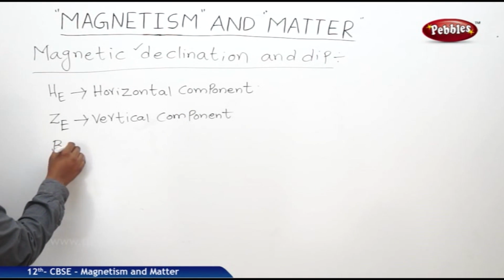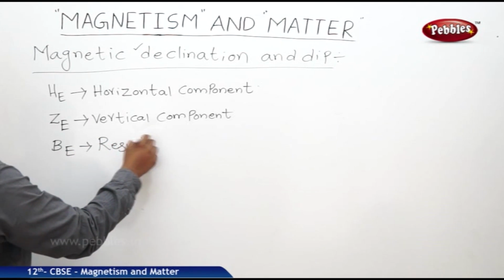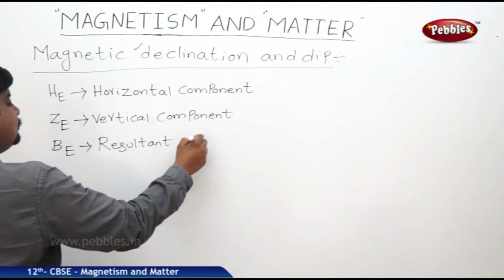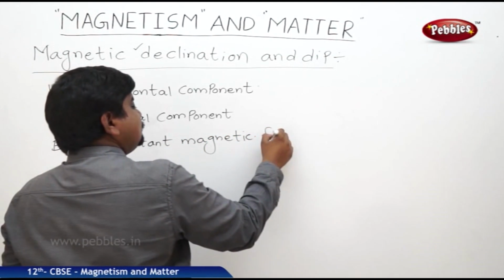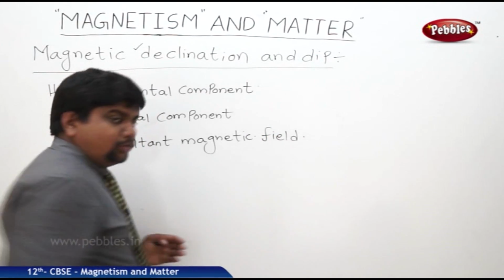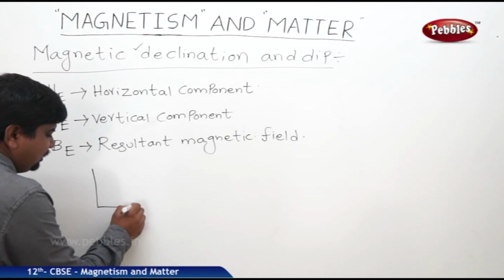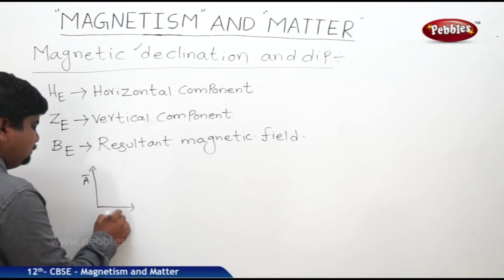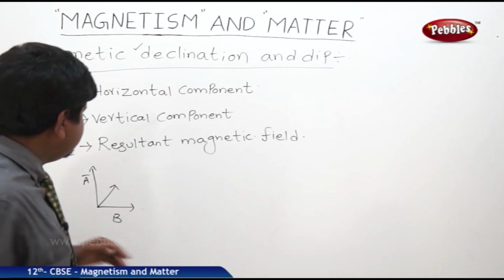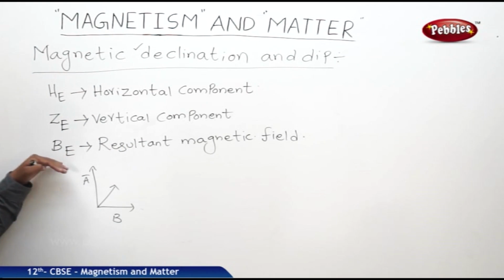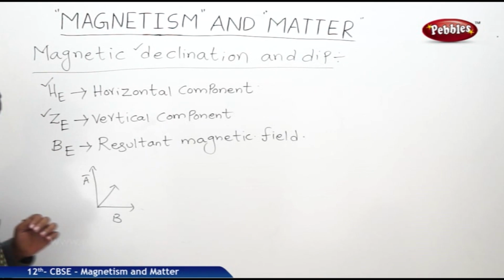The last one is BE, resultant magnetic field. So if you go back to the vectors calculation, if two vectors A, B are like this, C bar will give A bar plus B bar, like that. So such that the total magnetic field BE will be a vector addition of HE and ZE.